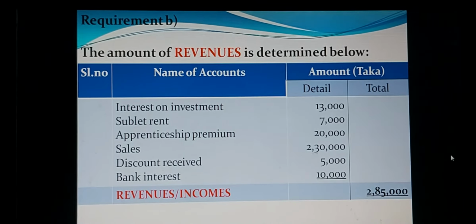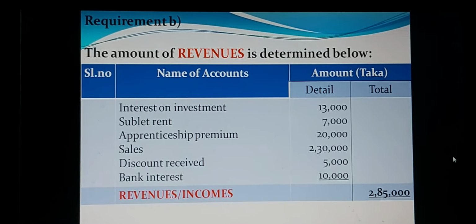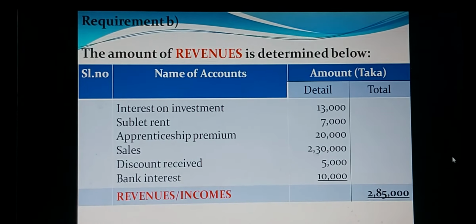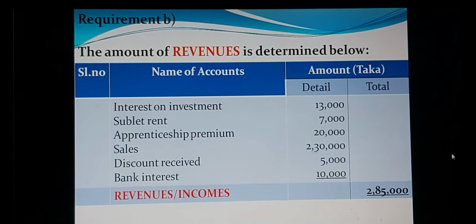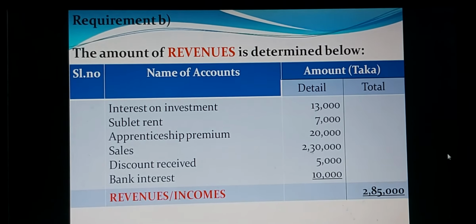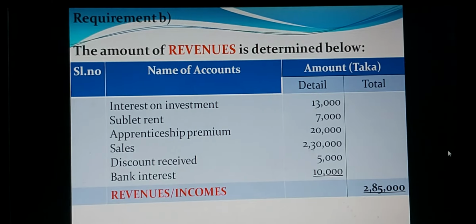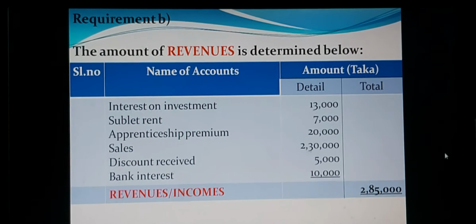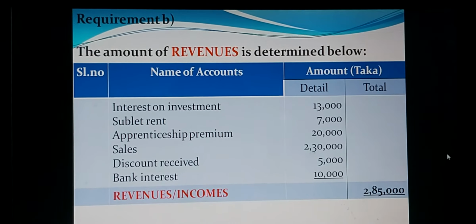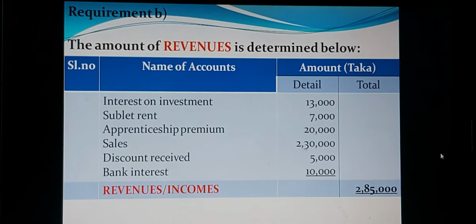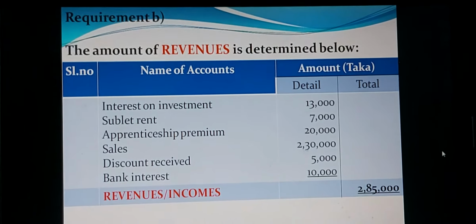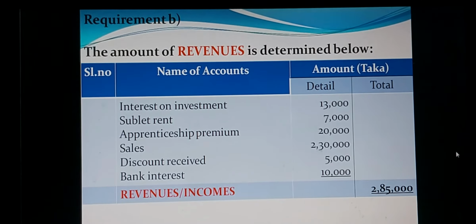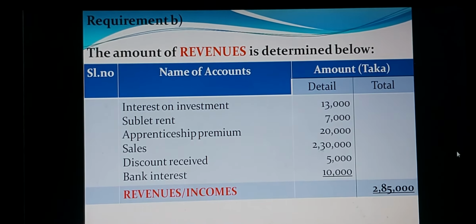Sales is the main source of income of any business. Discount receipt, when commission receipt, rent receipt, interest receipt, discount receipt, always treated as revenues or income. Last one, bank interest. Then you can write it bank interest allowed or interest received from bank.